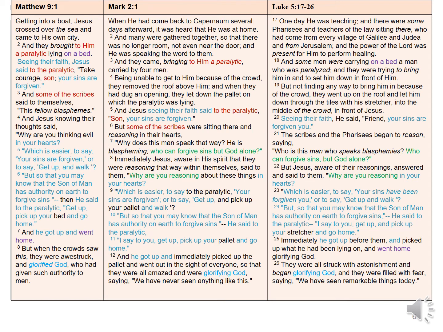Now, the language in green, where Luke follows Mark, is to be found in Luke verses 21 and 22.